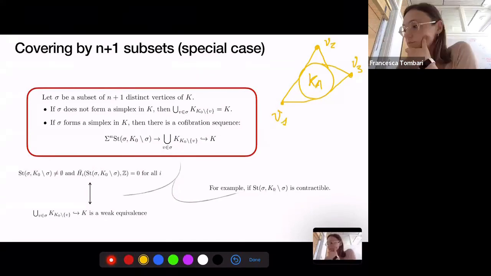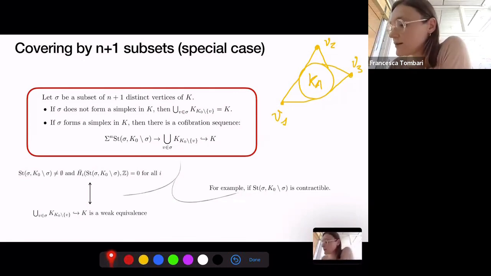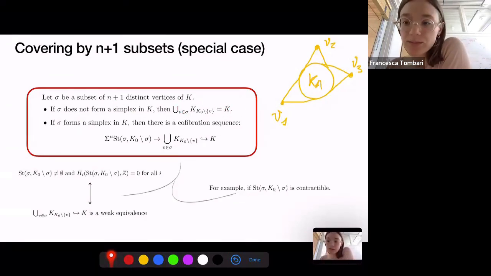For this example, we realized that if you have a subset of n+1 distinct vertices, and it does not form a simplex, then the decomposition is just equal to your simplicial complex.